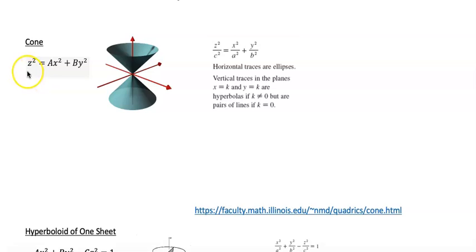So a cone is in the form of z squared is equal to ax squared plus by squared. Notice that we can exchange this variable, so we can call this y squared is equal to ax squared plus cz squared, and x squared is equal to by squared plus cz squared.